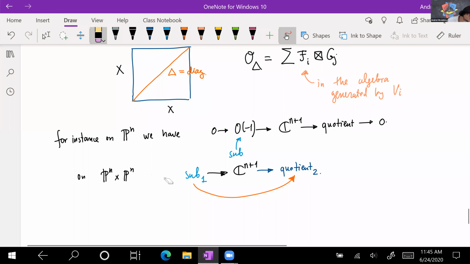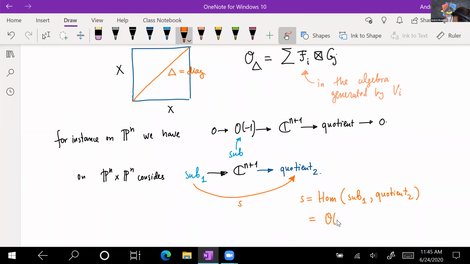So consider this thing, we call it S. S lies in the Hom from the sub on the first factor to the quotient on the second. The sub was O(-1), so this is going to be O(1) outer tensor with the quotient on the second.